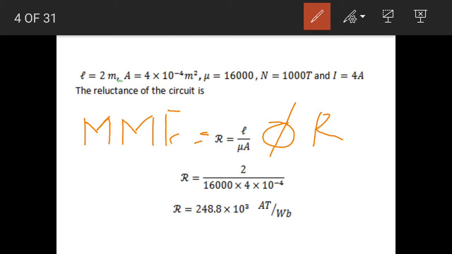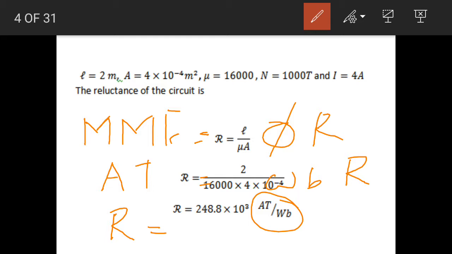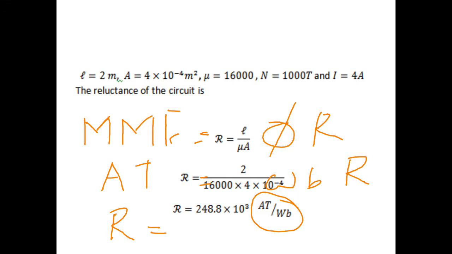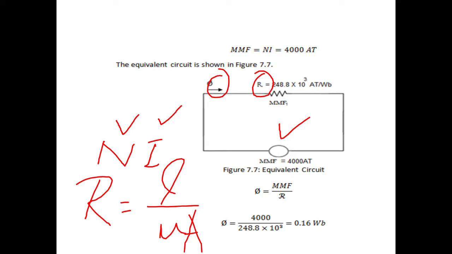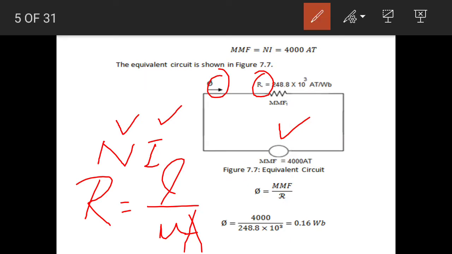We know that MMF is Ni, so the unit of this MMF is ampere turn, and the unit of the magnetic flux is Weber. So you can calculate the unit of reluctance from this equation. The unit of the reluctance will be equal to ampere turn per Weber. So this is how we calculate the unit of the reluctance of the magnetic circuit. Now we know that MMF is equal to Ni.